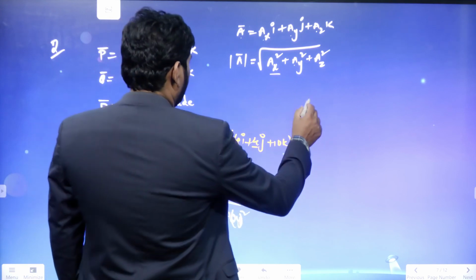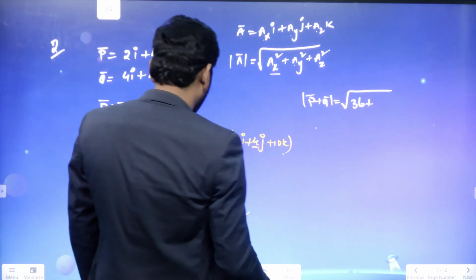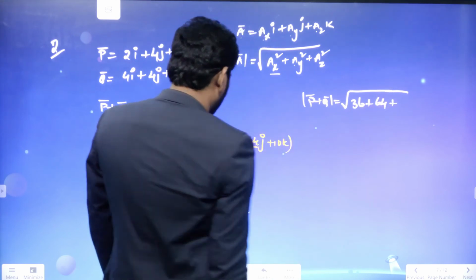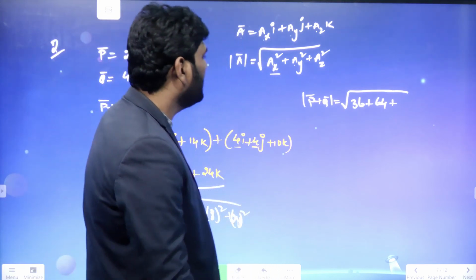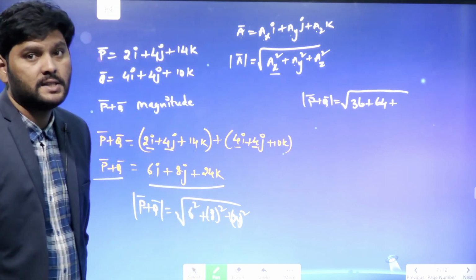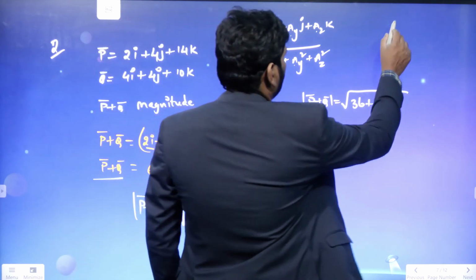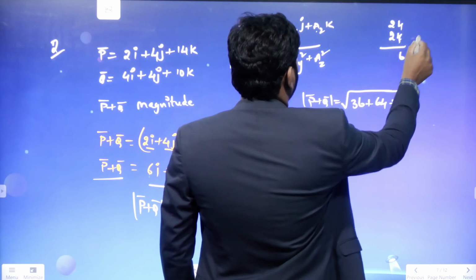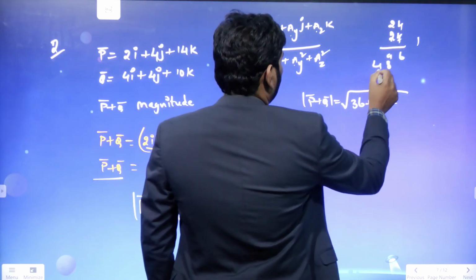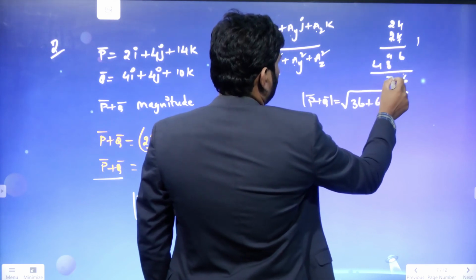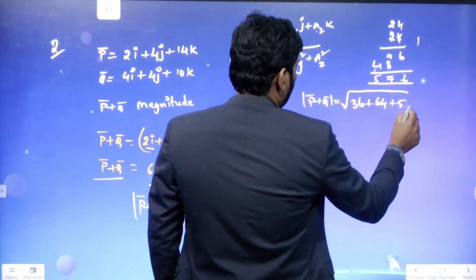So finally simplify it. The magnitude of P bar plus Q bar is 6 square, which is 36, plus 8 square, which is 64, plus 24 square. 24 square you can calculate: it is 576.